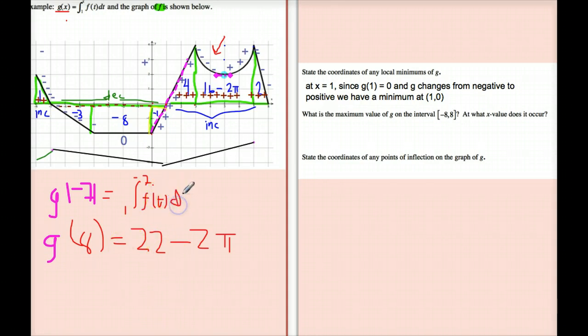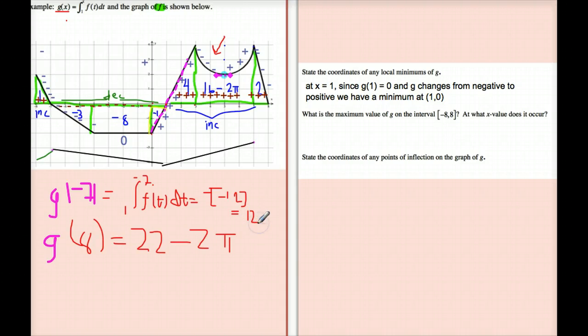First of all, I have to switch these answers, so change my sign to negative, because my integrals are not incorrect, but they're flipped. So I have negative, and I go from negative 7 all the way to positive 1, which gives me negative 3 minus 8 minus 1, gives me negative 12. And so we see that g of negative 7 has to equal positive 12.